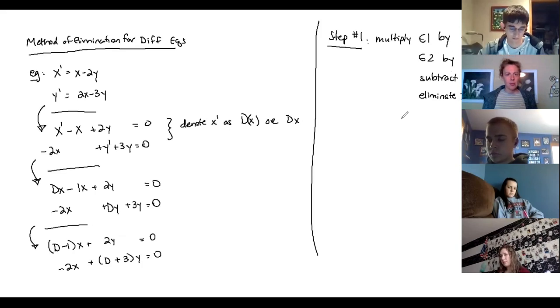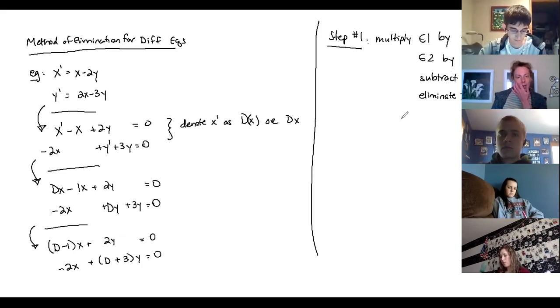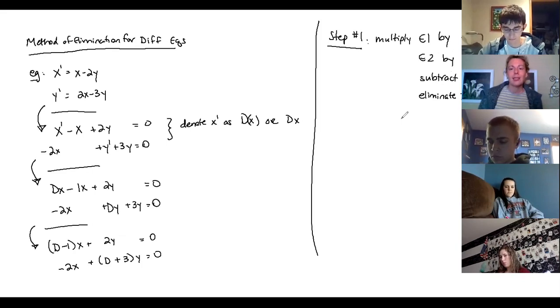Do we see it? Do we see where that's coming from? If you think about the algebraic equations that we had on the previous slide and the differential equations that we have on this slide now, multiply equation 1 by -2, equation 2 by D minus 1, subtract, and that will let me eliminate x.